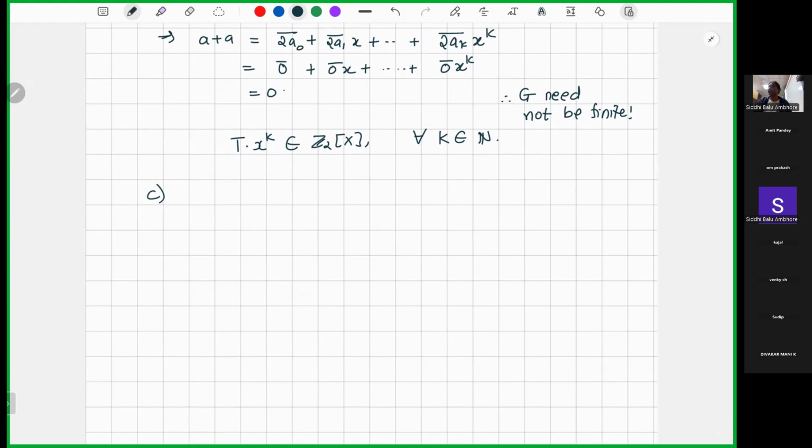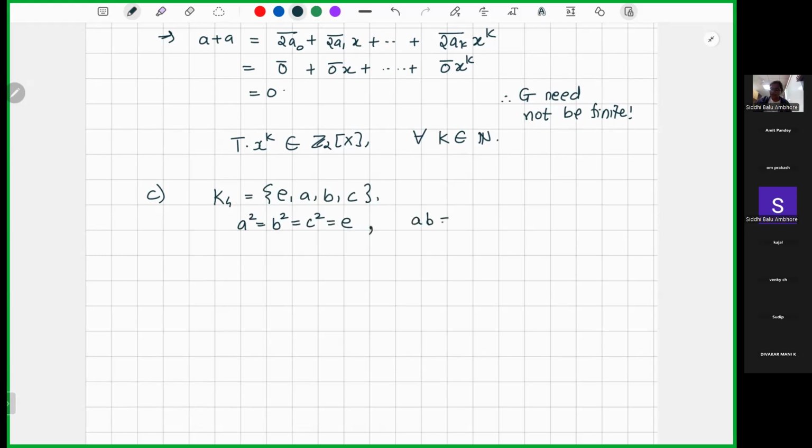So this is not true, right? Because we know this. Yeah, exactly. Klein 4 group. So the Klein 4 group consists of only 4 elements, E, A, B, and C, and all of them are such that A square is equal to B square is equal to C square is equal to E. Again, this E is my identity.